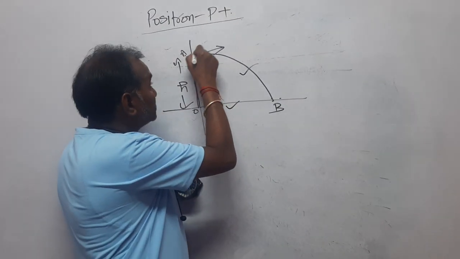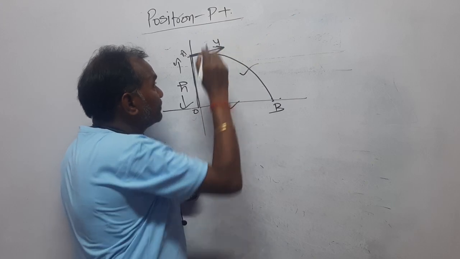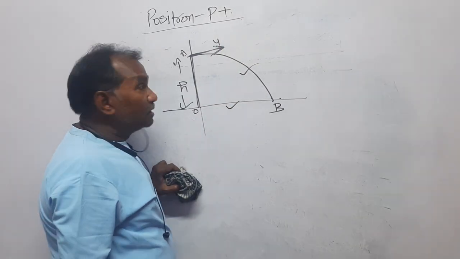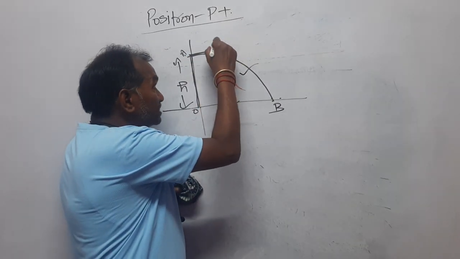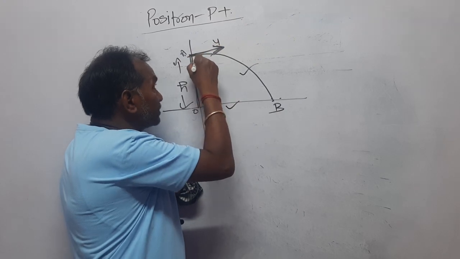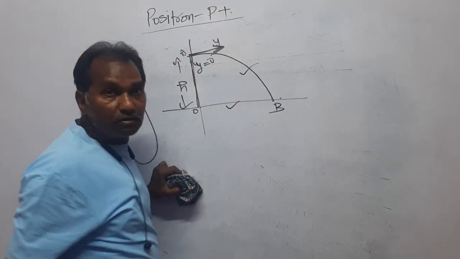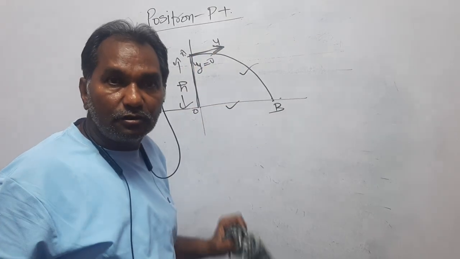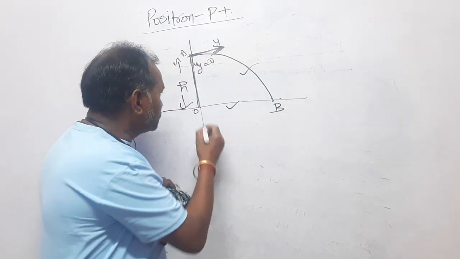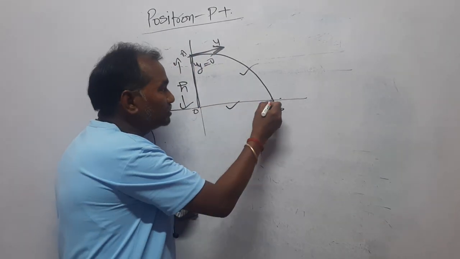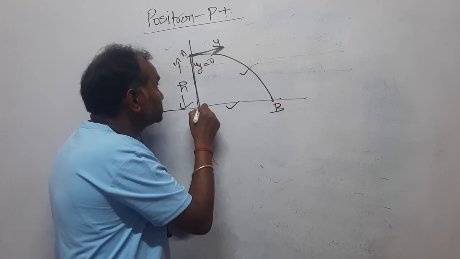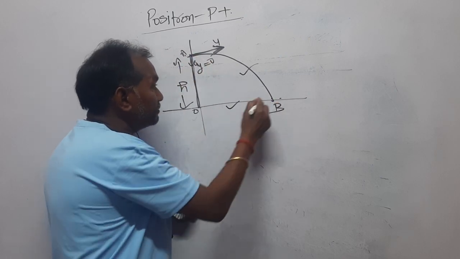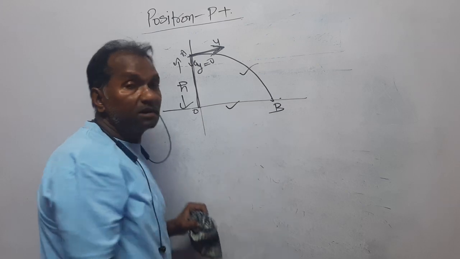The body has been projected horizontally with velocity u, okay? Because the projection is horizontal, the initial vertical velocity here is 0, right? The question is, why does the body come down here and why does it come forward here? The body comes down because of vertical velocity and comes forward because of this horizontal velocity.